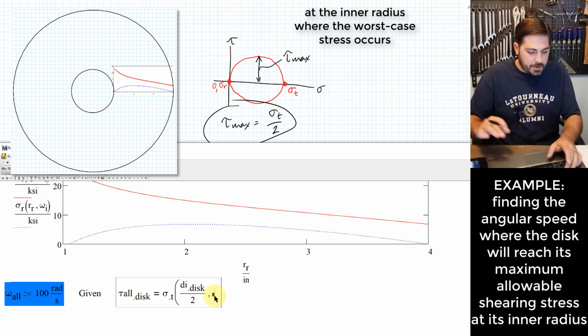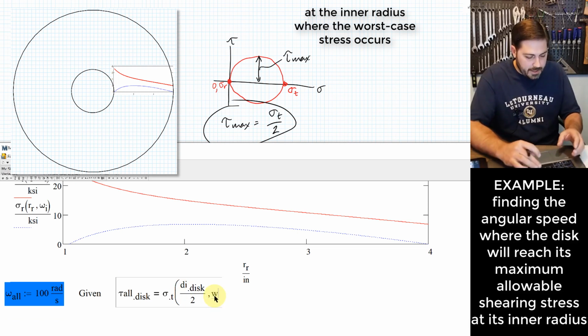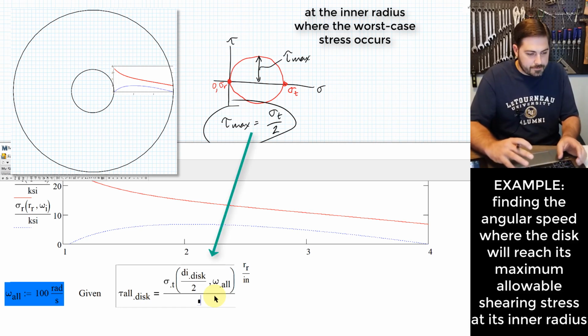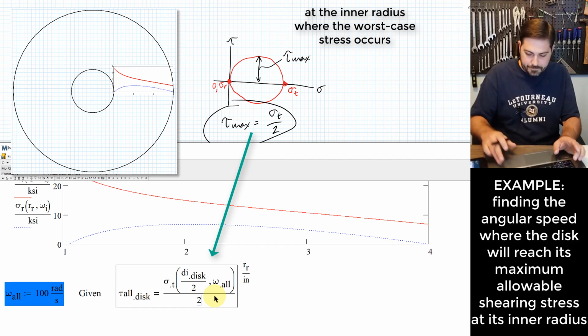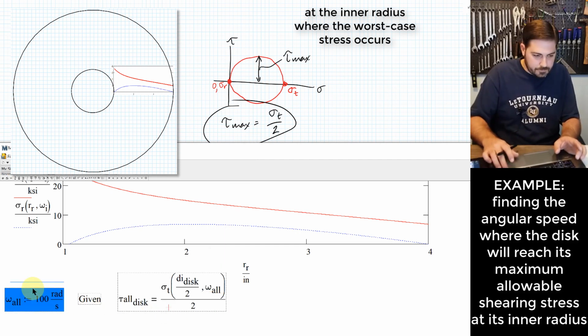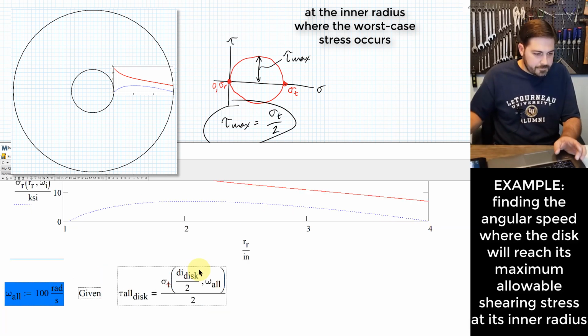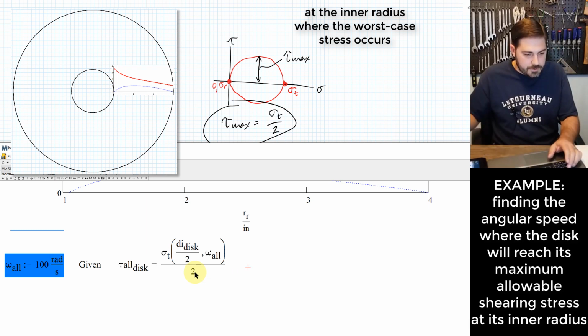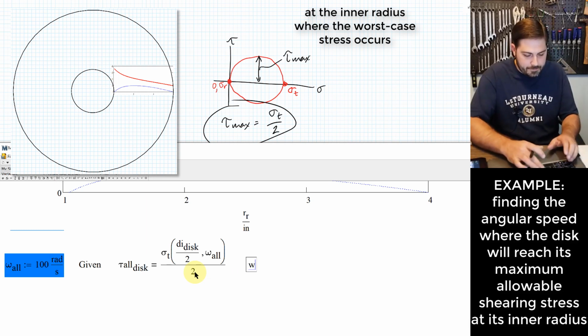And then I'm going to put in here this omega allowable. Right? All this divided by 2. Okay. And then what I'm going to do is have MathCAD solve to find that omega allowable.